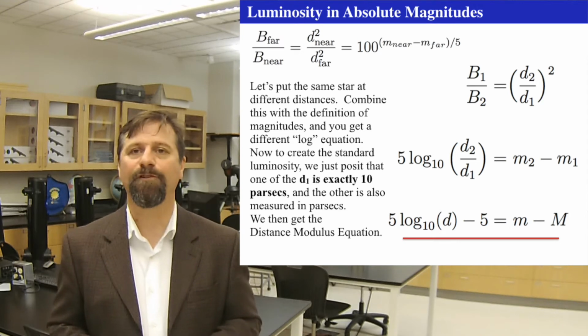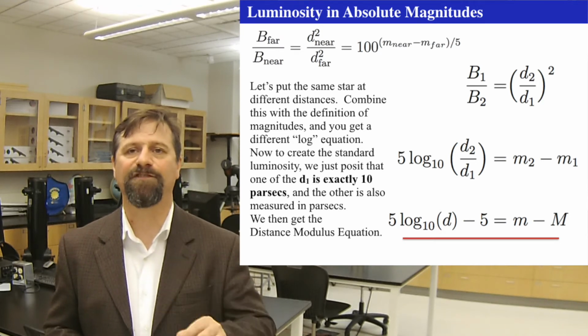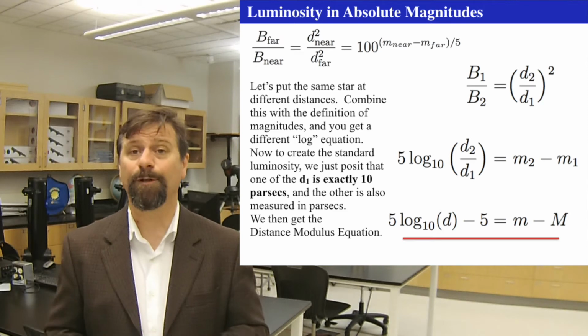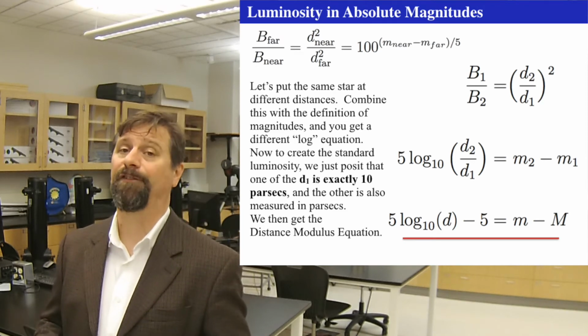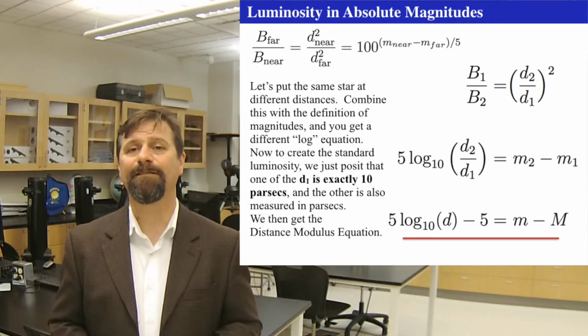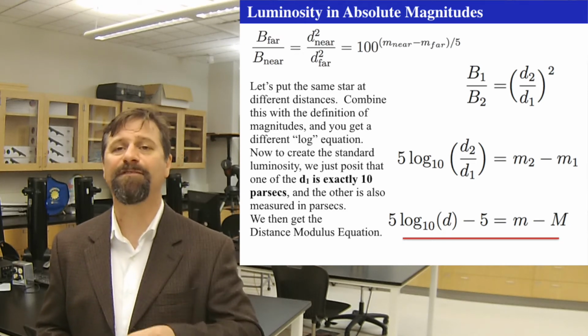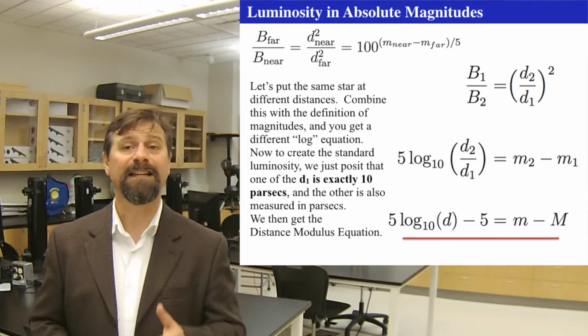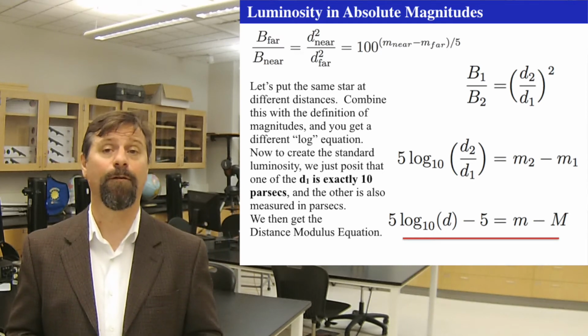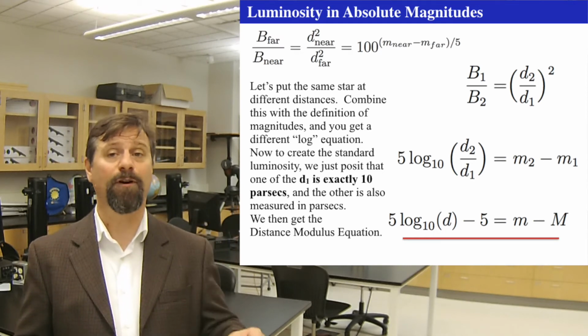But we've already established one thing. It's the same star. So the magic distance we're going to pretend it is 10 parsecs. So instead of looking at the two magnitudes, we say one of them is the absolute magnitude, and that is the magnitude if the star were magically placed at 10 parsecs away.